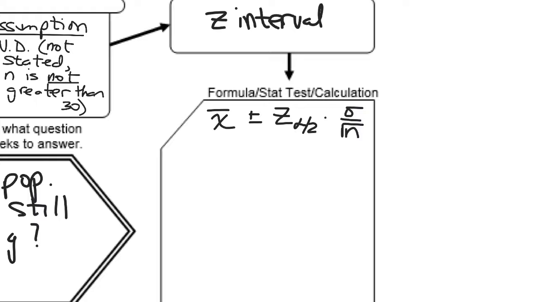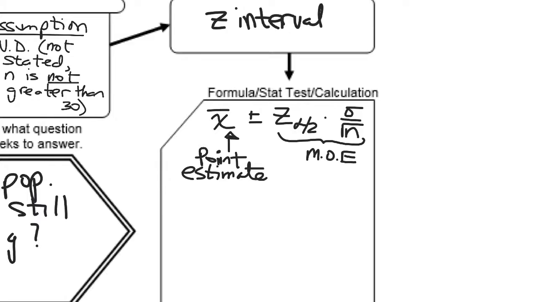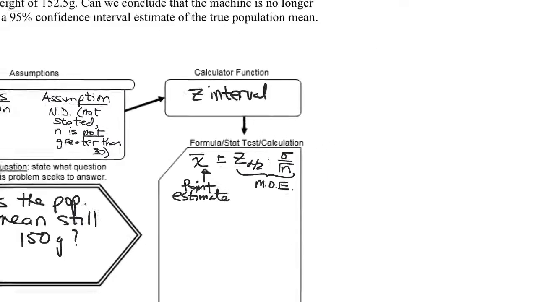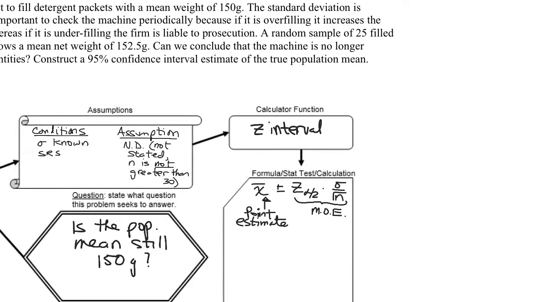All right, so this is our point estimate. Little refresher there. And this is the margin of error. All right, I won't go through that for every case, unnecessary there. But I will go through it this one time just as a refresher.